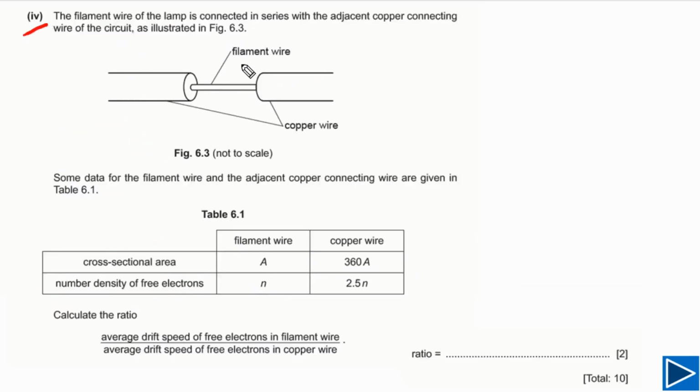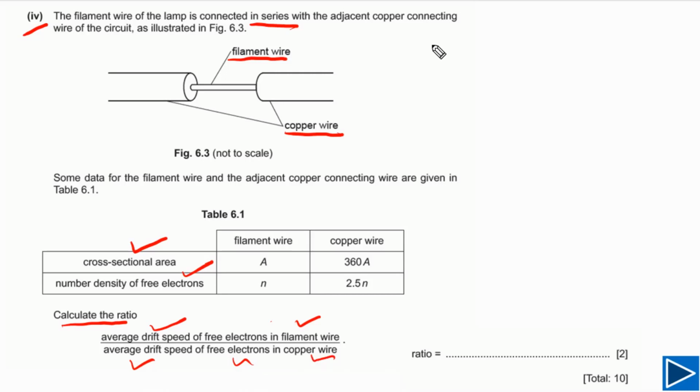For the last part, it is given that the filament wire and the copper wire are connected in series, and the cross-sectional areas and number densities are given. The question is asking us to calculate the ratio of the average drift speed of free electrons in the filament wire to the average drift speed of free electrons in the copper wire.